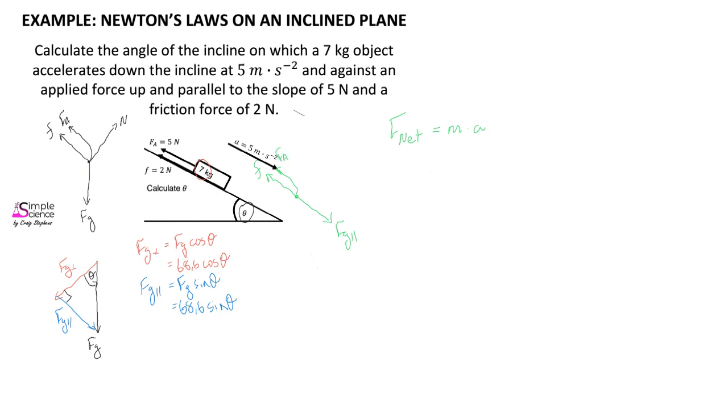So we can calculate our net force as Fg parallel minus the applied force minus the frictional force, equal to the mass of this object multiplied by its acceleration, where we can now say Fg parallel, we don't know the exact value, but we have the expression for it, 68.6 multiplied by sine of theta, minus the applied force given to us as 5 newtons and minus the frictional force also given as 2 newtons, is equal to the mass of this object, 7, multiplied by its acceleration of 5.